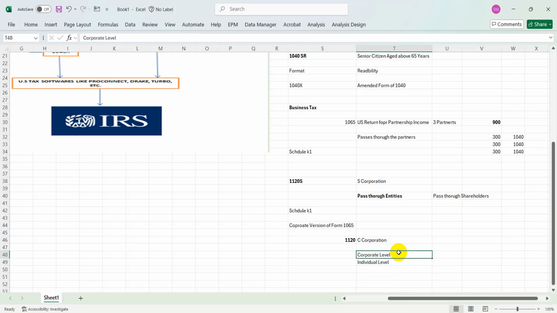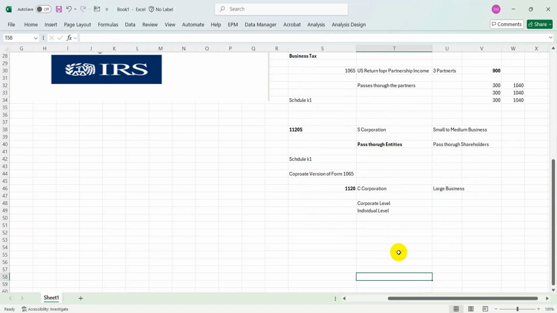S corporation is mostly used by small to medium businesses, and this is normally used for large businesses, the companies, large business empires. So the corporate tax will be at the corporate level as well as the individual level.